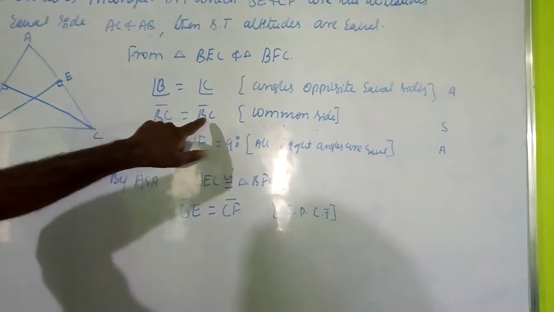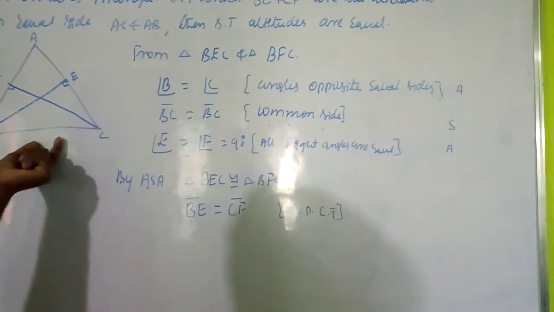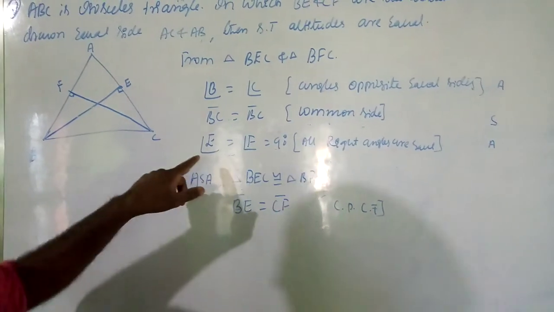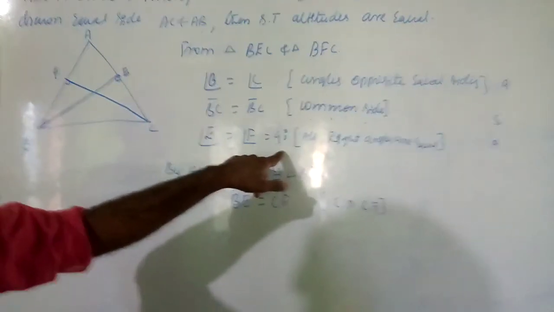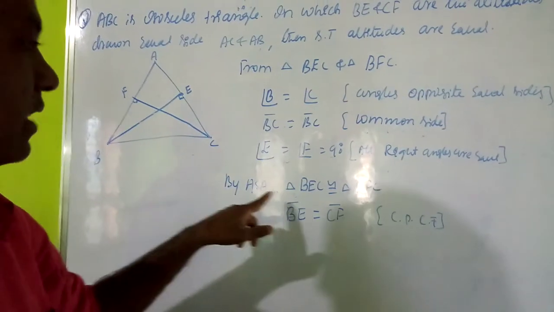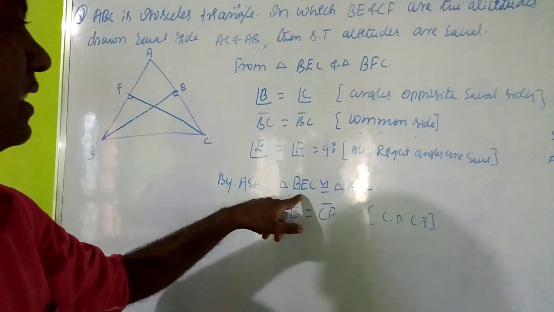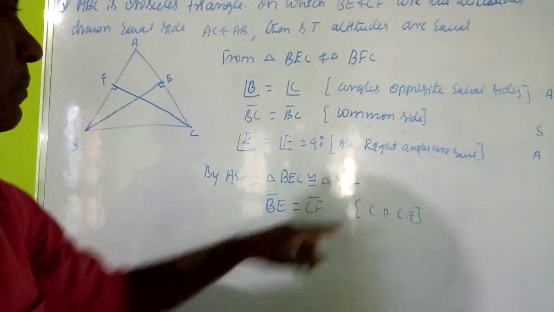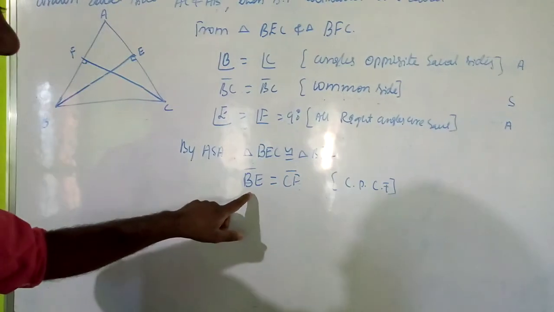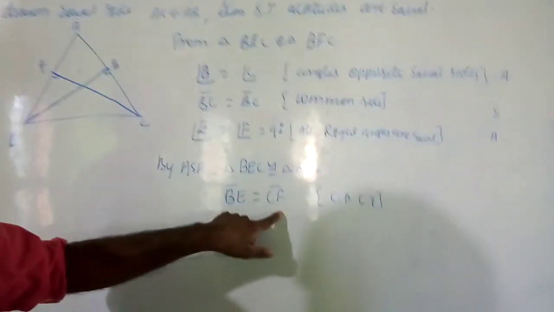Side BC is equal to side BC, it is the side BC from both triangles, it means common side. So angle E is equal to angle F, it is 90 degrees, all right angles are equal. By ASA congruence rule, triangle BEC is congruent to triangle BFC. Due to that, the corresponding parts BE is equal to CF.